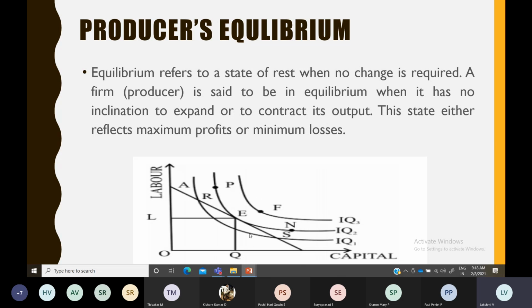This is the point where whatever resources he has in his hand are supporting him to meet his output. Whatever he has planned, he can produce that efficiently with least cost at this point. If it is going beyond this point, his cost of production might get increased also. So that is known as producer's equilibrium.